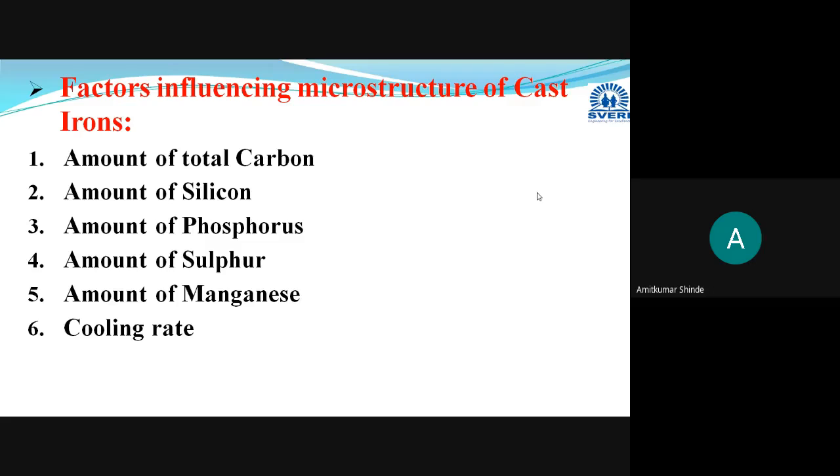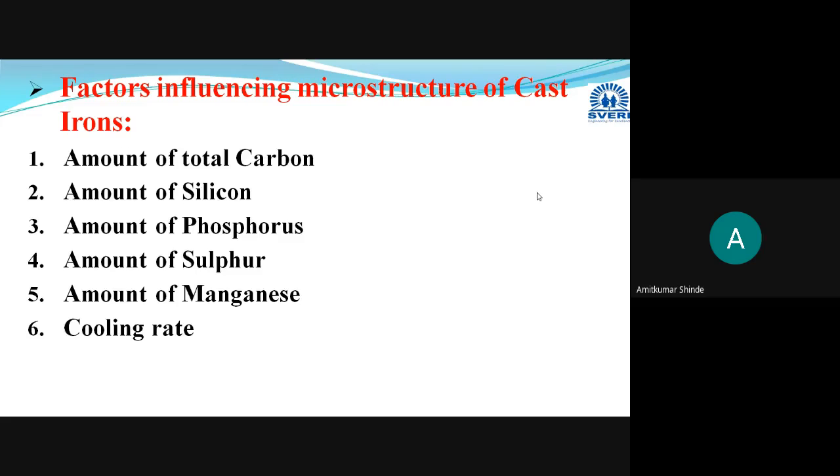Then amount of sulfur and manganese. Now the sulfur and manganese, these will act as the carbide stabilizer. Okay, sulfur and manganese, they will act as the carbide stabilizer. Carbide stabilizer means they will try to combine the carbon, and hence they will result in the increase in the phase, that is the cementite phase.